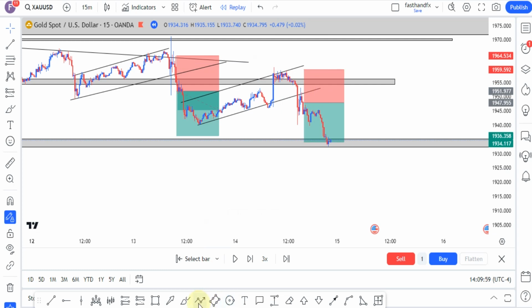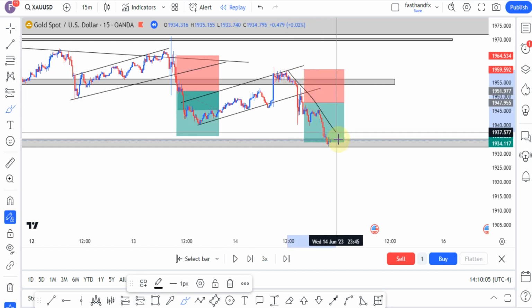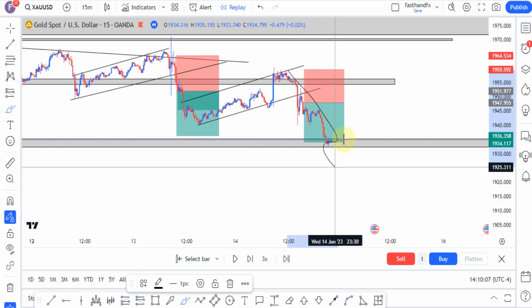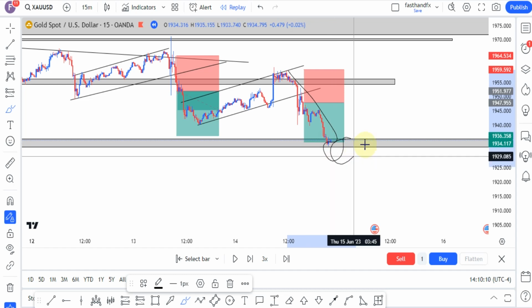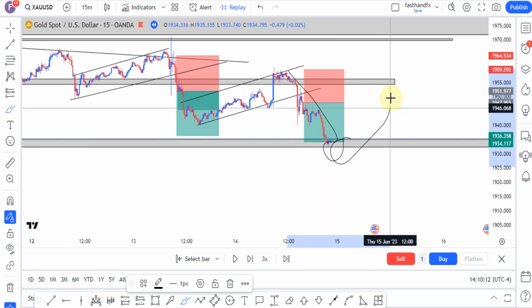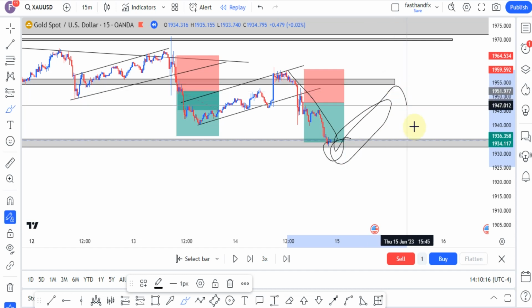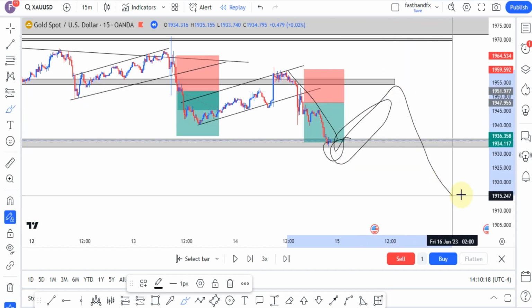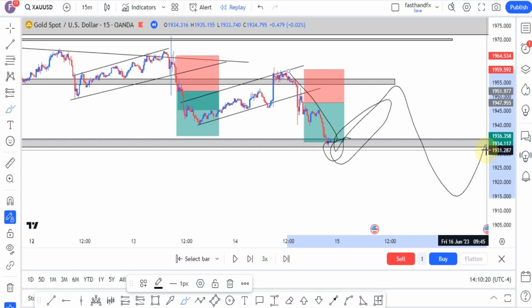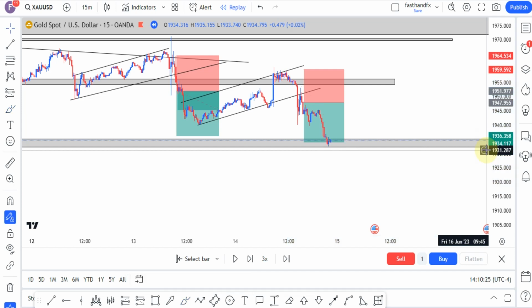The correction can come all the way up here, then another impulse move, then correction. Something like that, guys. Let's see what the market does.